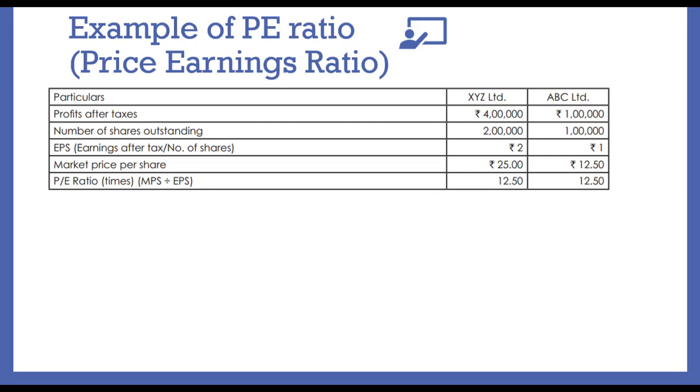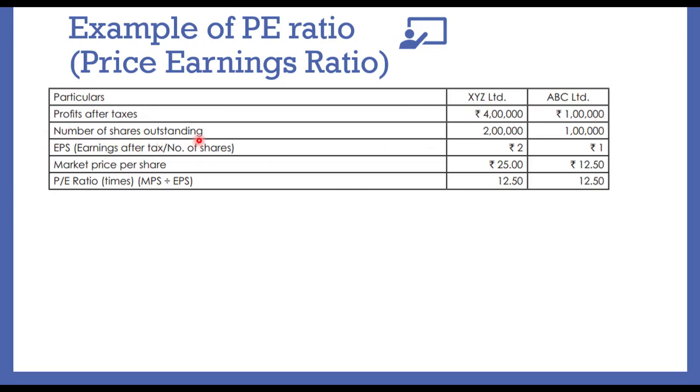In this tabular column, you can see three columns: particulars, XYZ Limited and ABC Limited. Here the details we have are: profits after taxes for XYZ Limited is 4 lakhs, and for ABC Limited is 1 lakh.